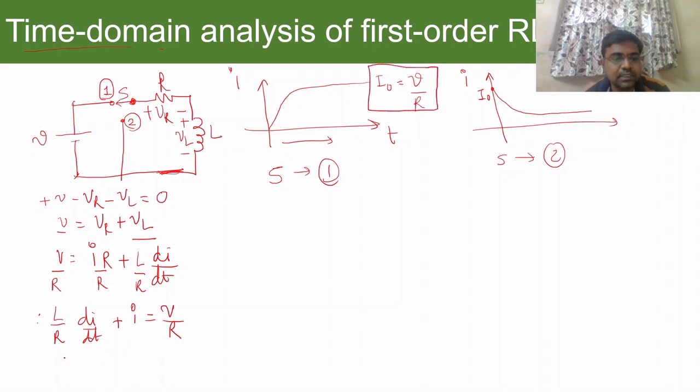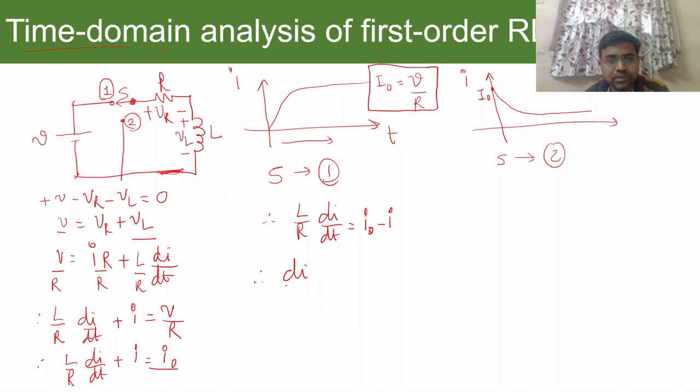So this is L by R di by dt plus I equal to I0. If I modify it further, L upon R di by dt is nothing but I0 minus I. If I take I0 minus I into the denominator, it will look like this: di upon I0 minus I is equal to R upon L into dt.